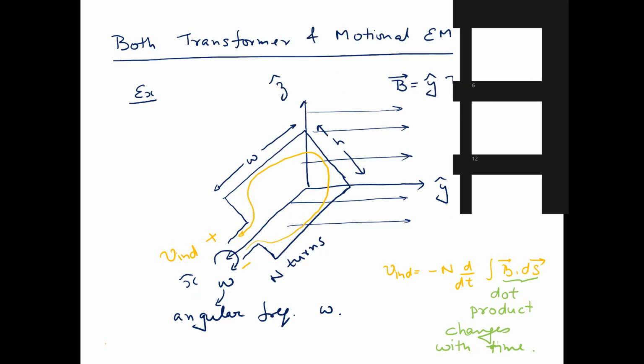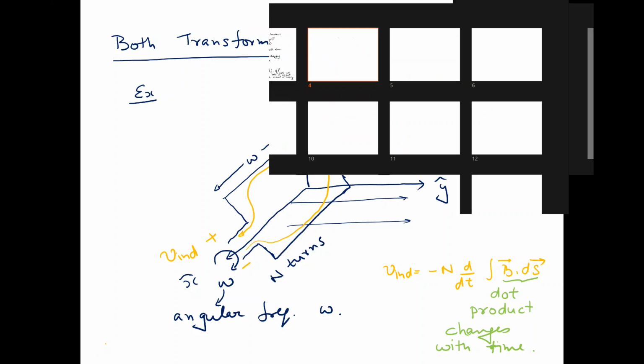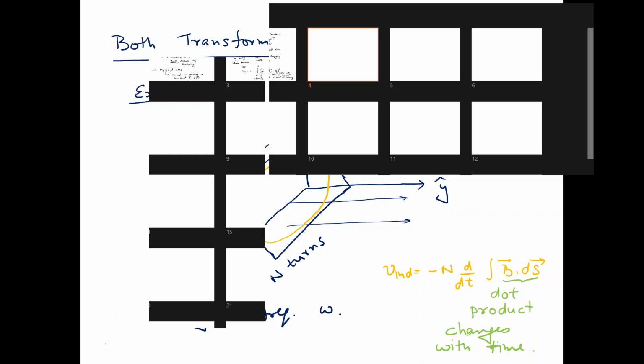If you notice, this hat is the loop. Let's call this the x-axis. This hat is rotating around the x-axis.